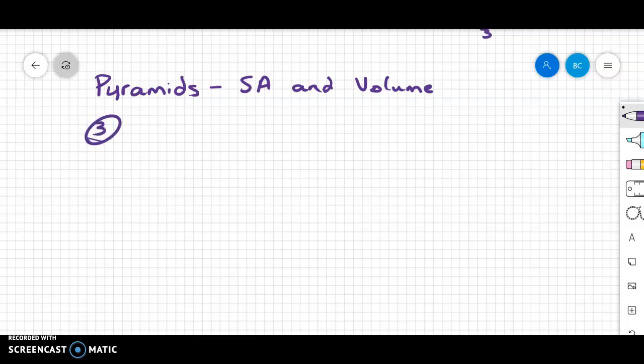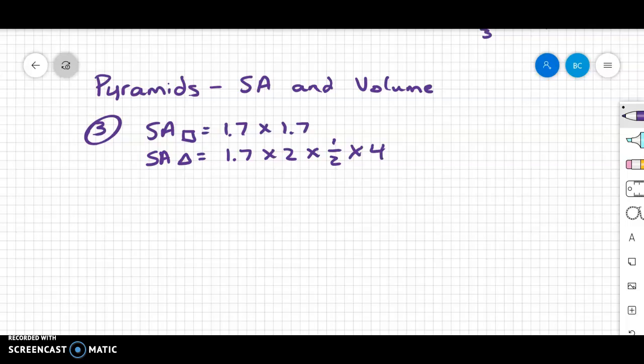So problem number 3, the surface area of my base is going to be 1.7 times 1.7. Then the surface area of each triangular face is going to be 1.7 times 2 times 1/2 because they're triangles, times 4 because there's 4 of them.